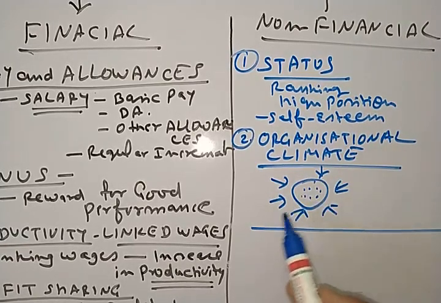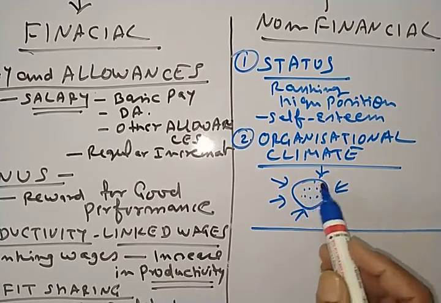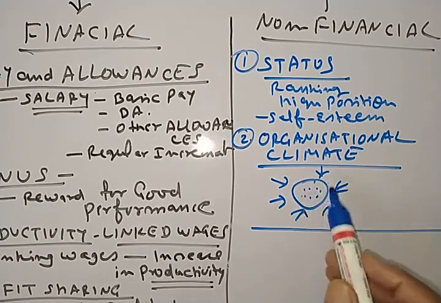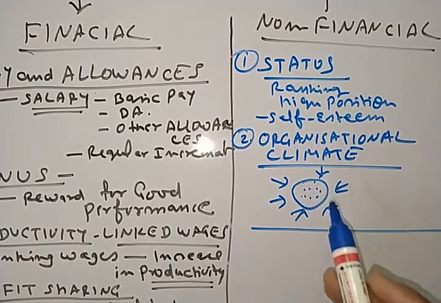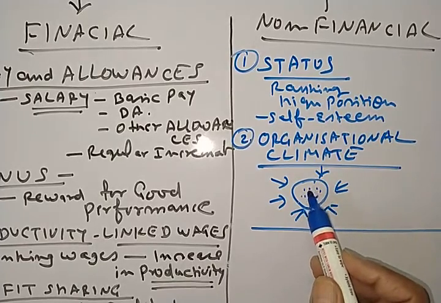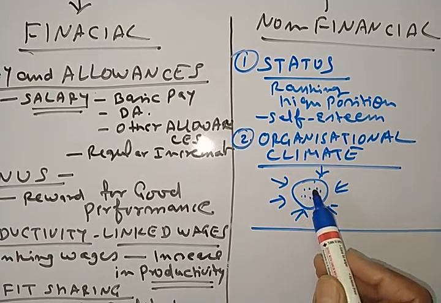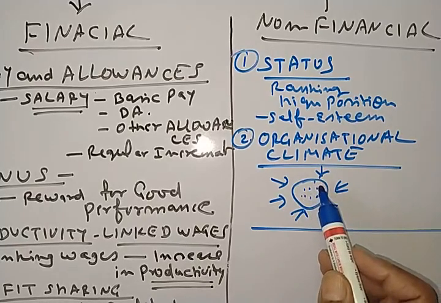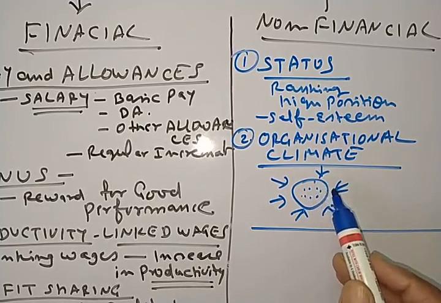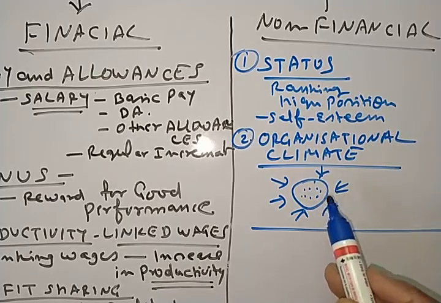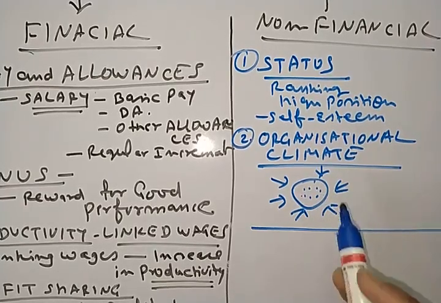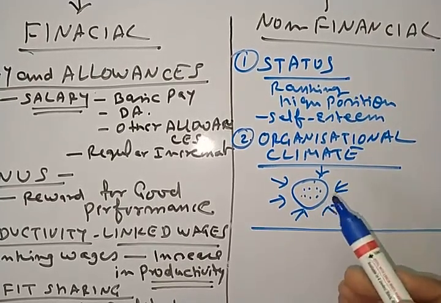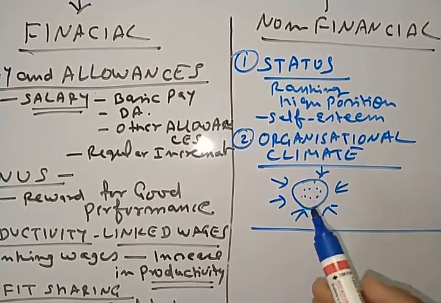Many things work from outside, and many things work in the internal environment, like the position, the discipline, the facility level such as light, air, water, etc. Where the worker is working, in what atmosphere the worker is working.